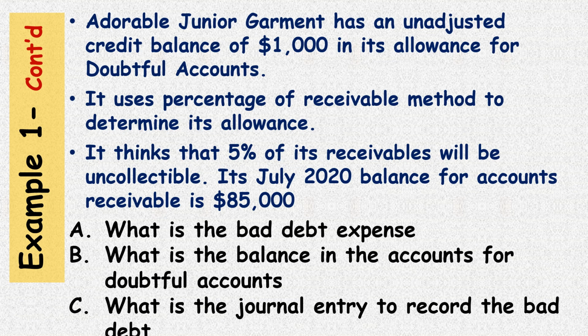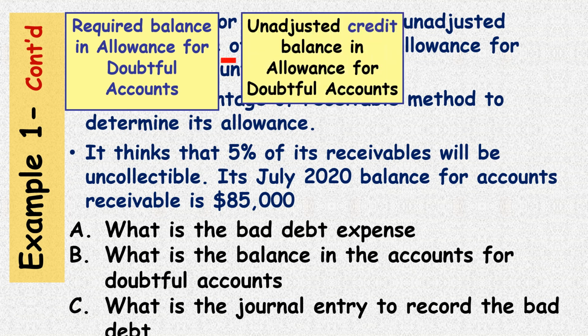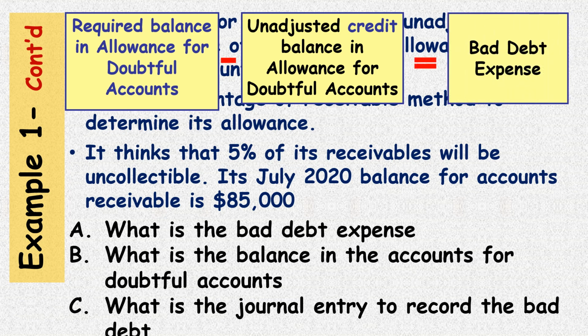So the company uses percentage of receivables. That means we will use the account receivable amount, which is $85,000, multiply that by the 5% to give us the balance for the allowance account. So let's look at that. Now again, we'll take the required balance in the allowance for doubtful account minus any previous balance in the allowance account, and that will give us the current period bad debt expense.